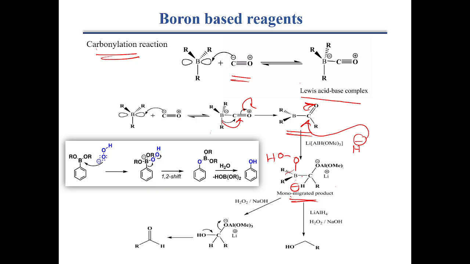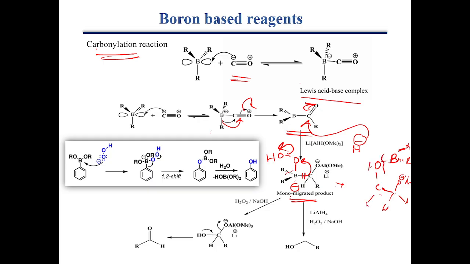Now, this entire group, to neutralize the system, migrates here. So, it will form OB, whatever the group R, R, O minus, aluminum plus, H, R, L.